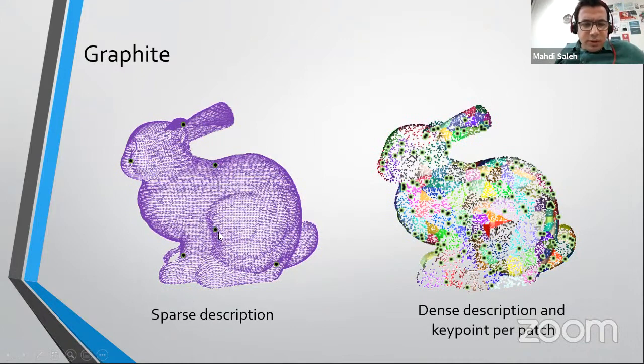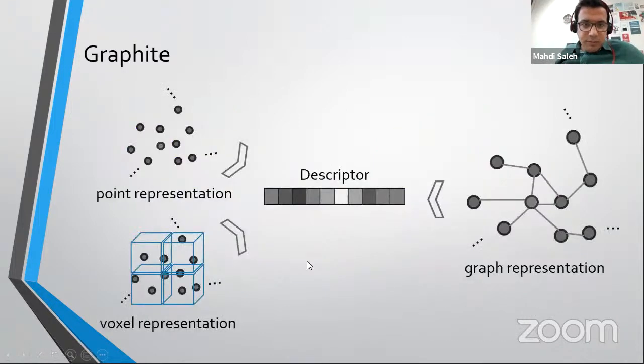And instead of doing a very sparse description as previous methods do, we try to make a more dense description, where not only you learn a description, but also you learn some key points which you can utilize to do point cloud registration. So these are basically different ways.